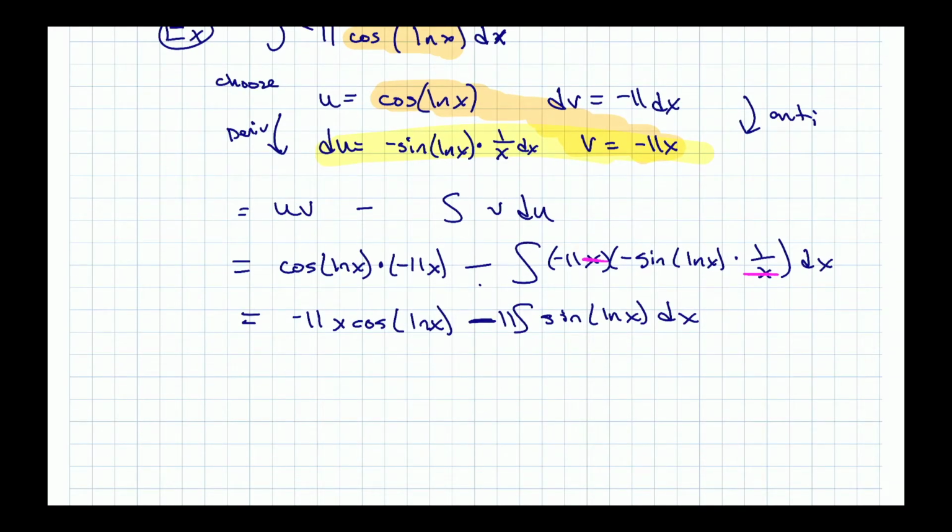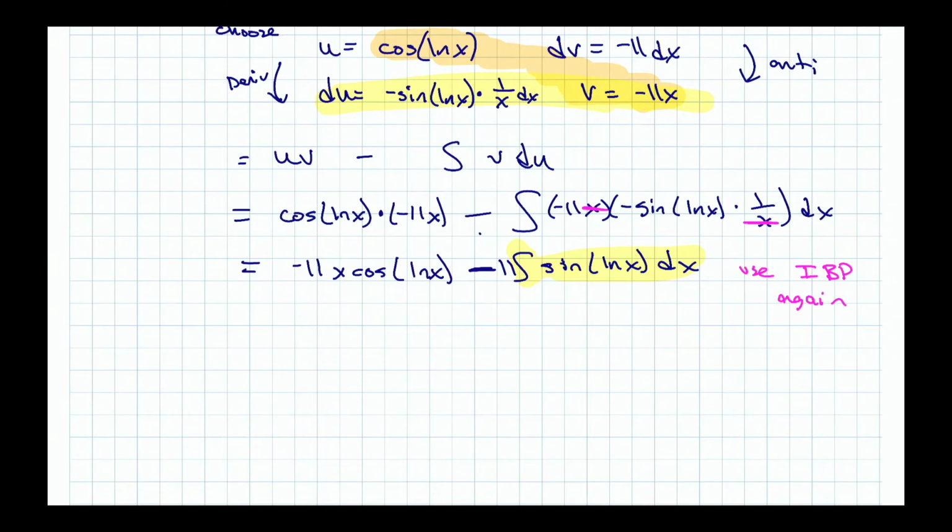The technique is one that I wanted to show you, but I wanted to show you an easy one before a hard one, and I didn't realize that the homework was just giving me a hard one right away. So here's what you have to do. This integral needs integration by parts again. Use integration by parts again. So you have to do that whole process again.